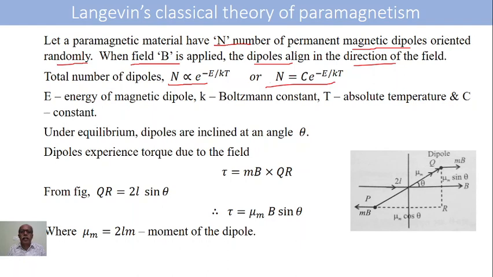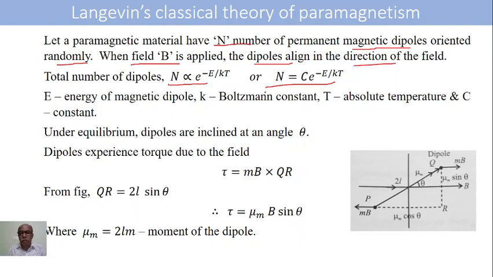We know that n represents the number of atoms or molecules of a paramagnetic material, in the sense, n number of permanent magnetic dipoles, since each atom or molecule behaves as a magnetic dipole. E represents the energy of each magnetic dipole, k represents the Boltzmann constant, T is the absolute temperature, and C is some constant.